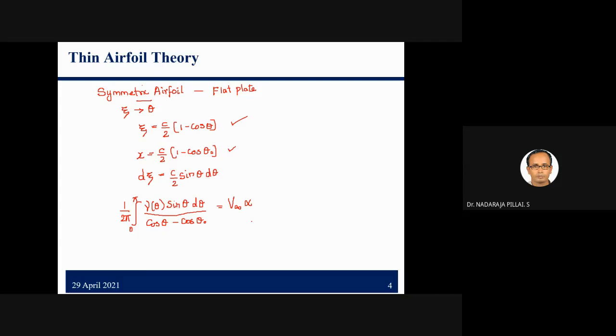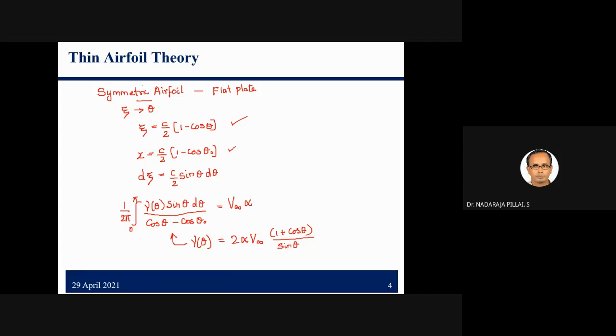So the gamma of theta can be expressed as 2 alpha V infinity (1 plus cos theta) by sin theta. I don't want to go deeper into the derivation part of this. If necessary, we will look into that later. But if you apply gamma of theta here, then you should get V infinity alpha, and the equation is satisfied. So let us start with this discussion.